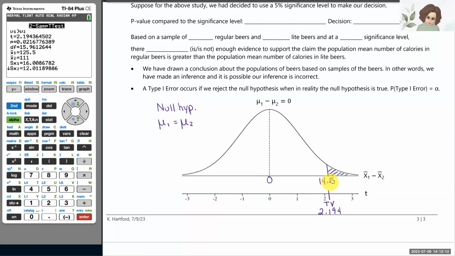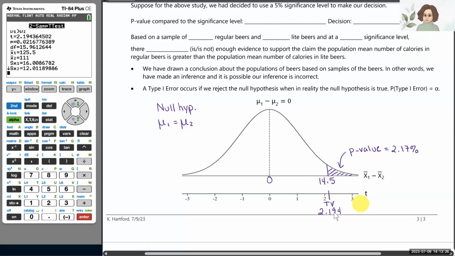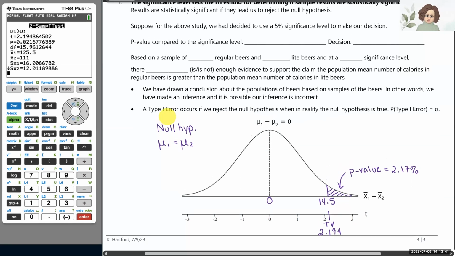The area to the right of my test value is the p-value, and that was 2.17%. We have to decide if our 14.5 calorie difference is far enough from 0 to cause us to reject the null hypothesis. At a 1% significance level, we did not reject the null hypothesis.